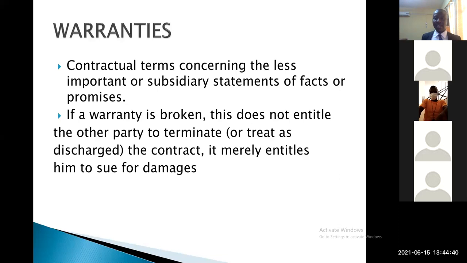All that matters is that you can show that someone was supposed to do something and that was not carried out to the letter, and that is a breach. And warranty provides a good illustration for that. And that is why it is the law that where a warranty is breached, the innocent party cannot repudiate the contract, but can maintain an action for recovery of damages. It may be what we call nominal damages, that is just a token or symbolic, as it were.